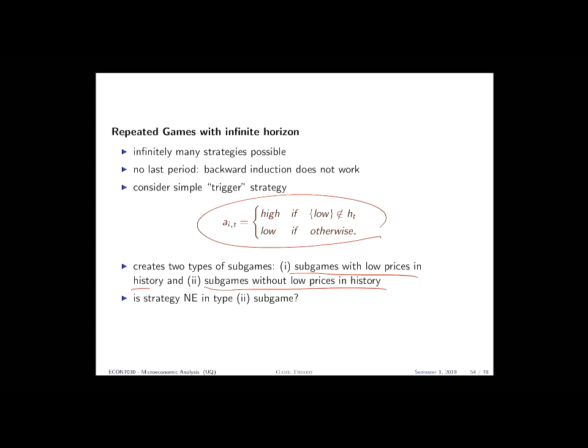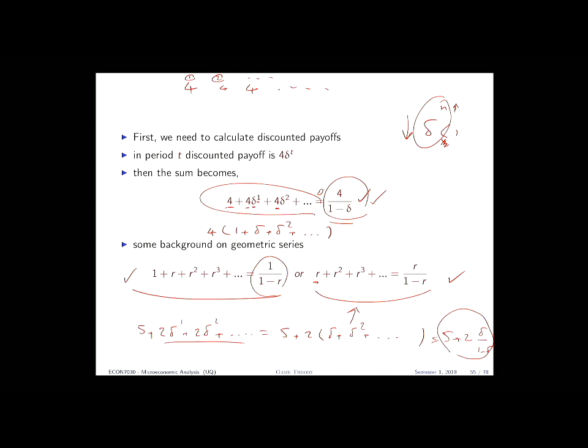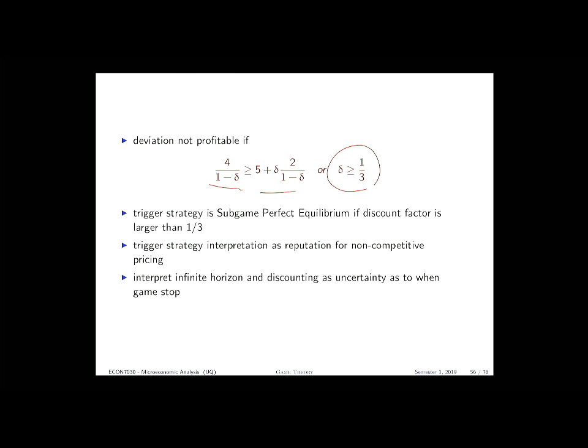So we first introduce a trigger strategy, then we compare the payoffs of the cooperative compared to non-cooperative strategies, and then we find the delta that gives a larger amount for the cooperation. Then what we say is that we can support the trigger price and the cooperation as the SPE of the game as long as delta is larger than that amount, which is here 1 over 3.